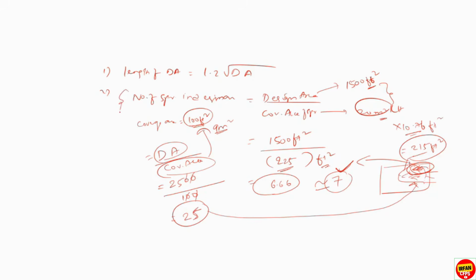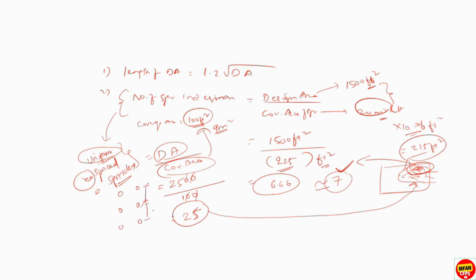Okay. So this formula, now the catch point: this formula is applicable if you have uniformly spaced sprinklers. Please make a note of this. Because in a practical scenario, in most or almost all of our projects, the sprinklers are not spaced uniformly.